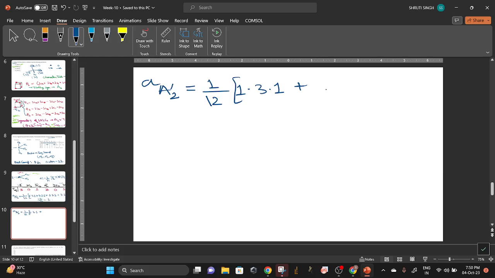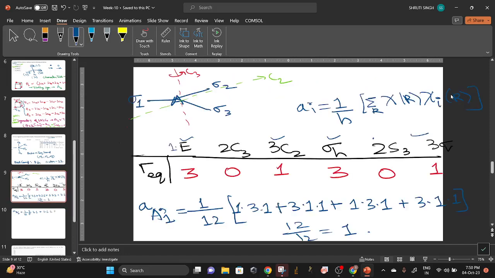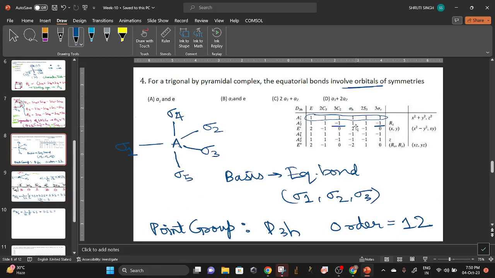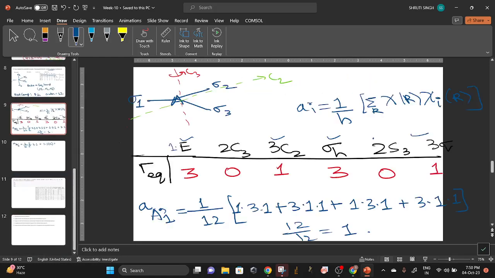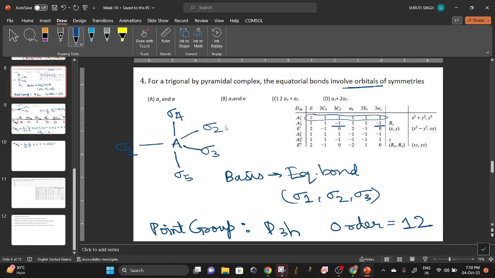For C2, I did some mistake, so it is minus 1.